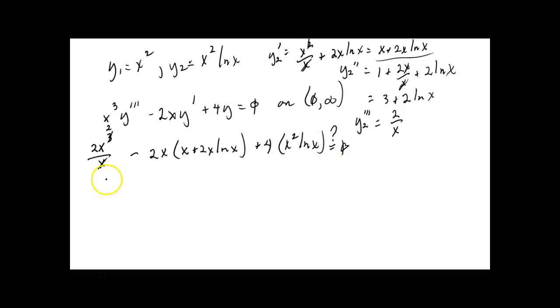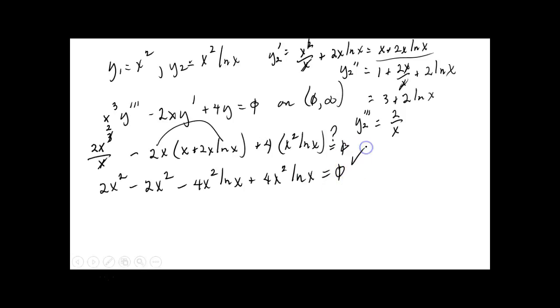All right, so here what we have is a 2x squared, and here we have a minus 2x squared, fantastic, and here we have a minus 4x squared log x, when you distribute that, right? And here we have a plus 4x squared log x, and sure enough, those two equal 0.